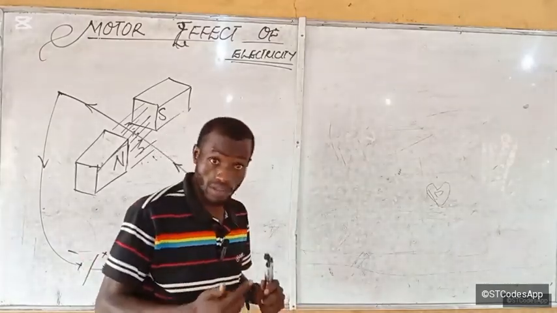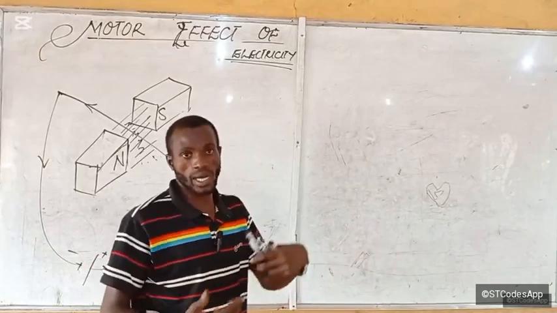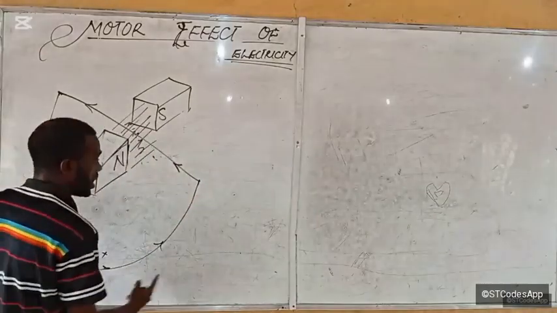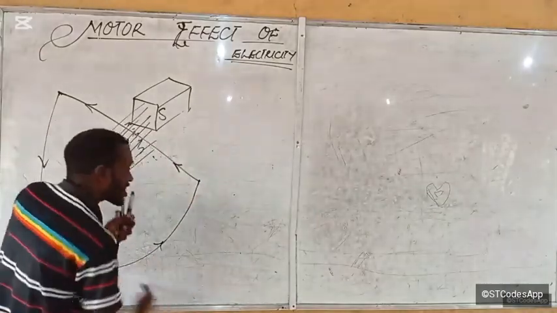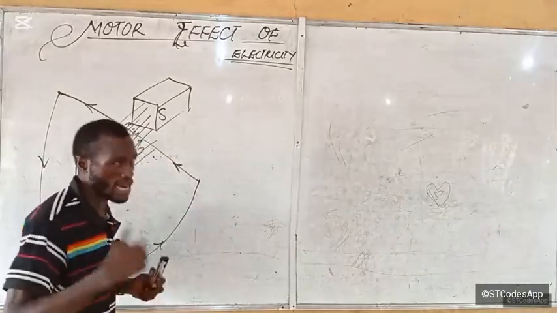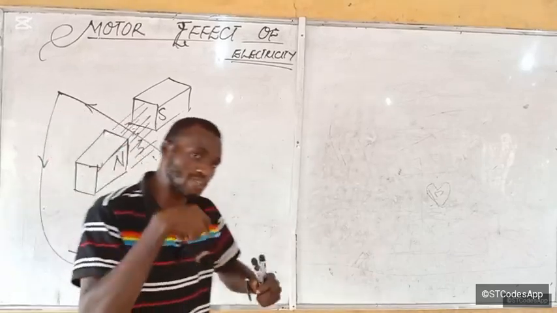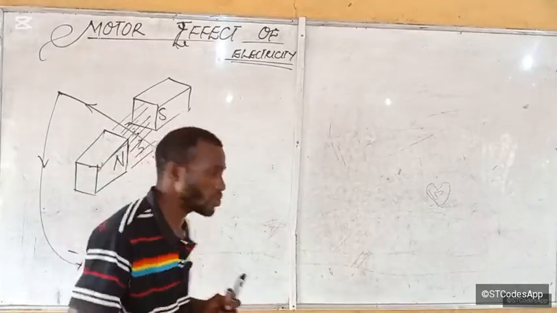Magnetic field around it, right? Discovered in 1820 by Hans Christian Ørsted, that a conductor that is carrying current has magnetic field around it. You already know that, right? If you don't know that, I'm going to link that video in the description. Do well to view it.